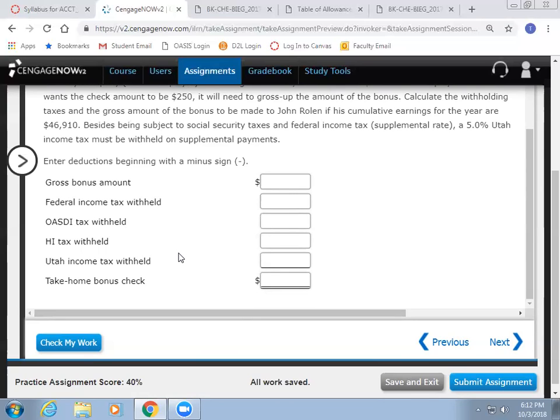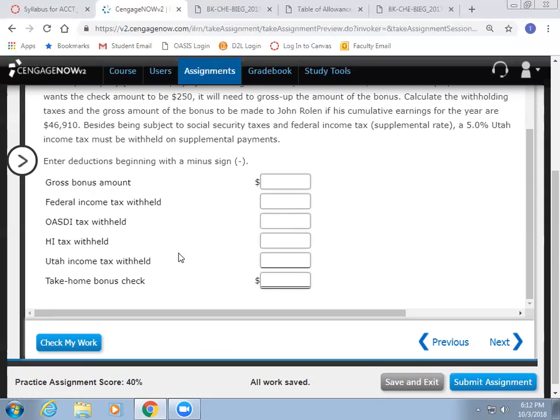Okay. So to figure out the gross amount, I'm going to take 1 minus all of my different deduction rates. And when I subtract those, that should be 1 minus 0.3765. That's what all of those add up to.